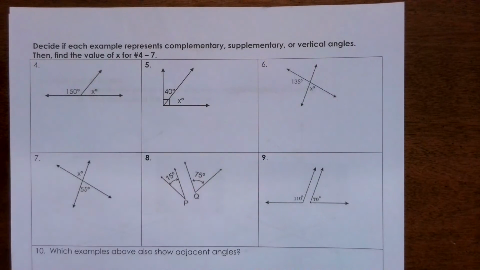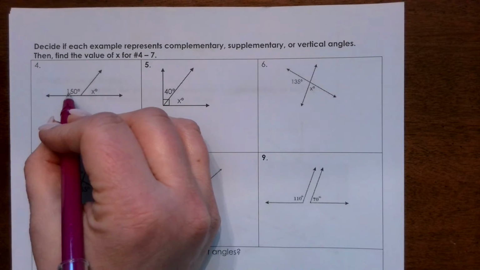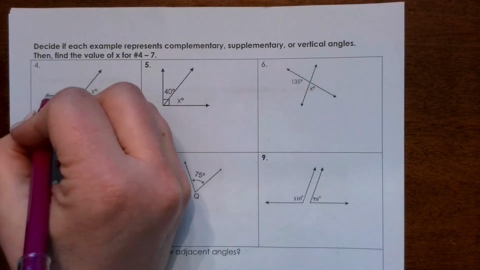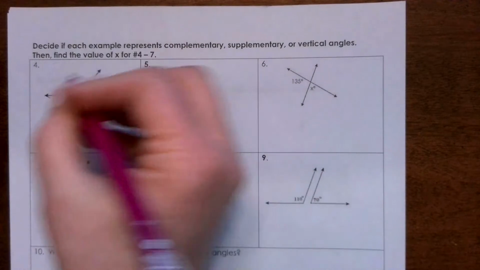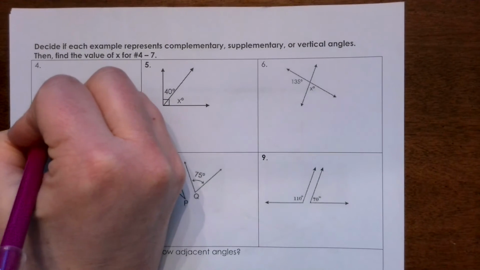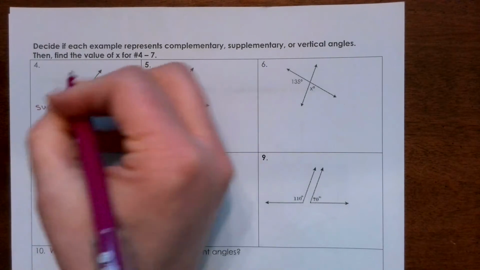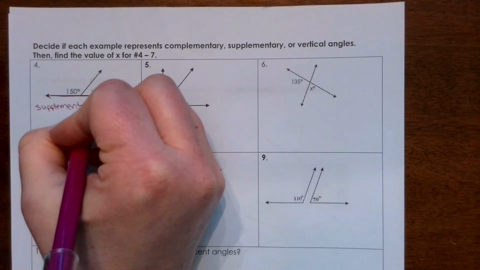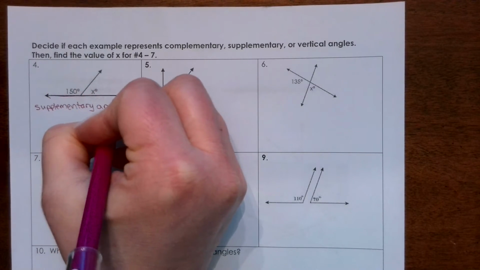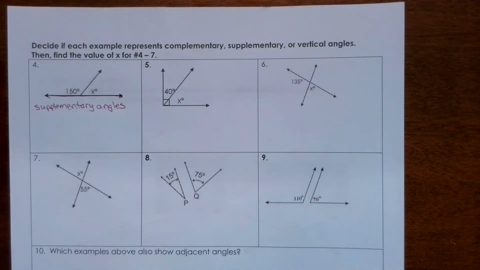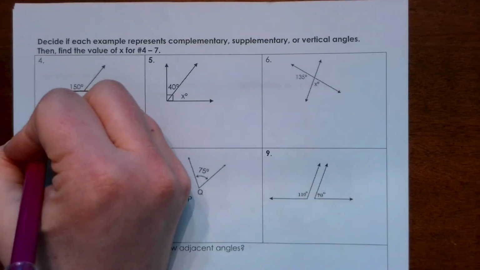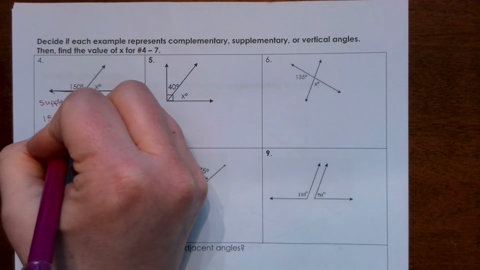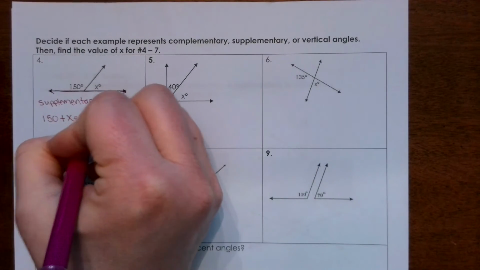So let's look at number 4. If I look at number 4, I have 150 and I have an x, and they fall along a straight line. So this tells me that they are supplementary angles. So part 1, done. I have decided what they represent. Now to find angle x, I need to know that 150 plus x will equal 180.